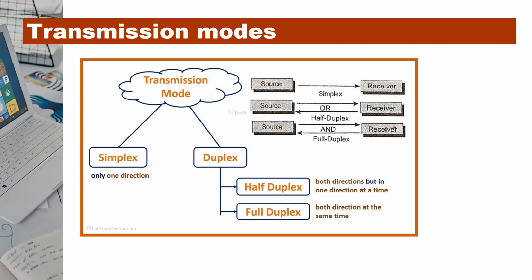This is the diagram. This is the transmission mode. Simplex, only one direction. Then duplex, under which there is half duplex and full duplex. On half duplex, both directions, but one direction at a time. Then in full duplex, both directions at the same time.